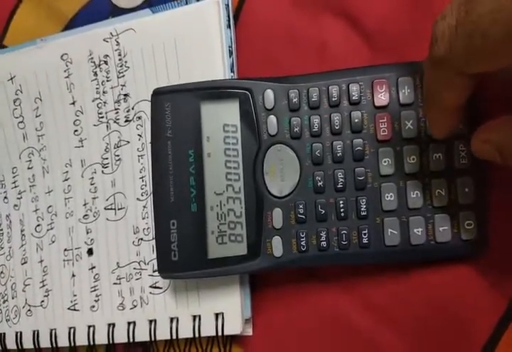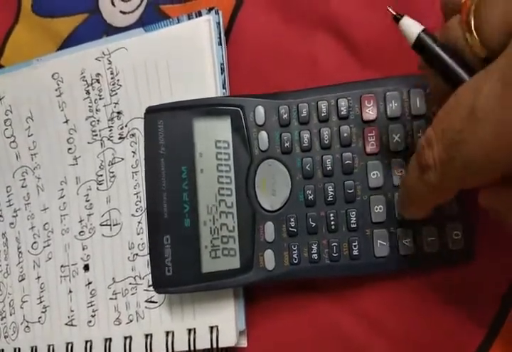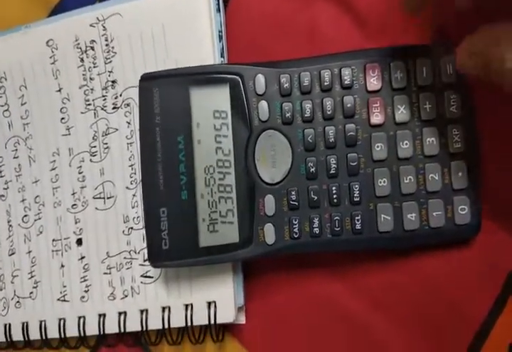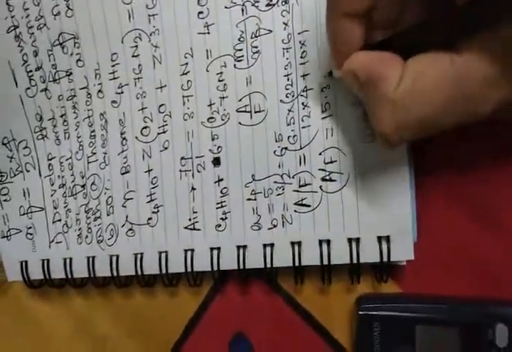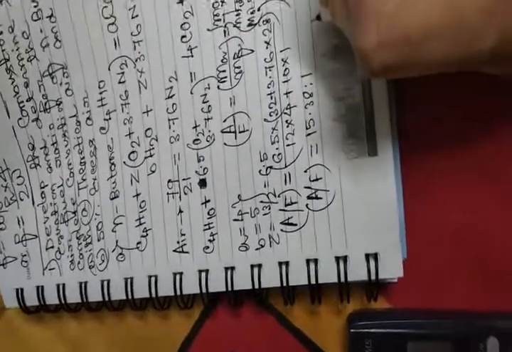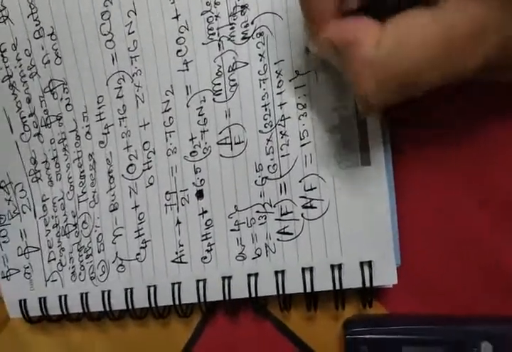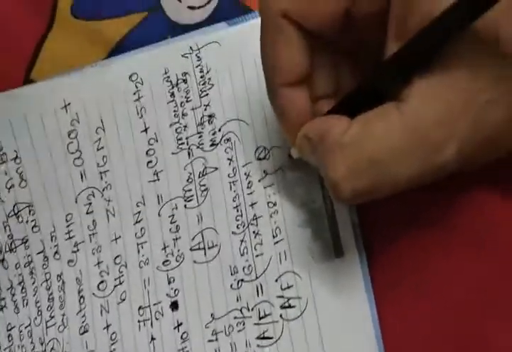Divided by 58, so 15.38 is to 1. That is the answer. Okay, now coming to the second part, that is C4H10 with 50% excess air.